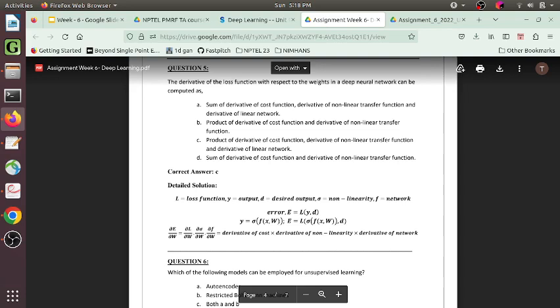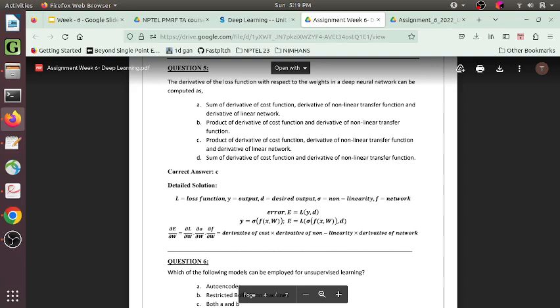So you can write this as, if we consider this thing as z, then it will be del L del y, del y del z into del z del w, right? Do you agree with this?